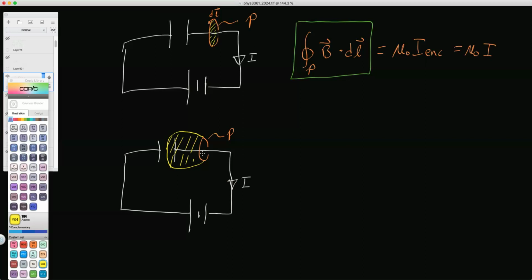So this surface bounds P, but P didn't change. Therefore this integral is the same, because P is the same. However, what is the current that pierces that surface?